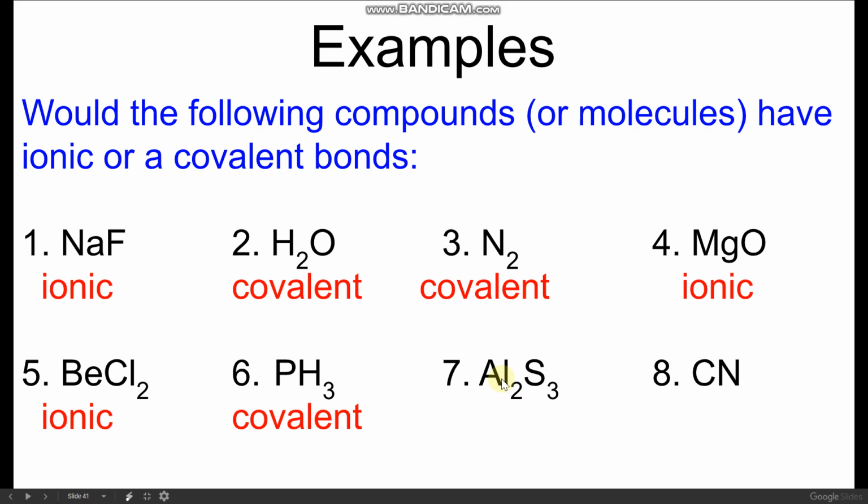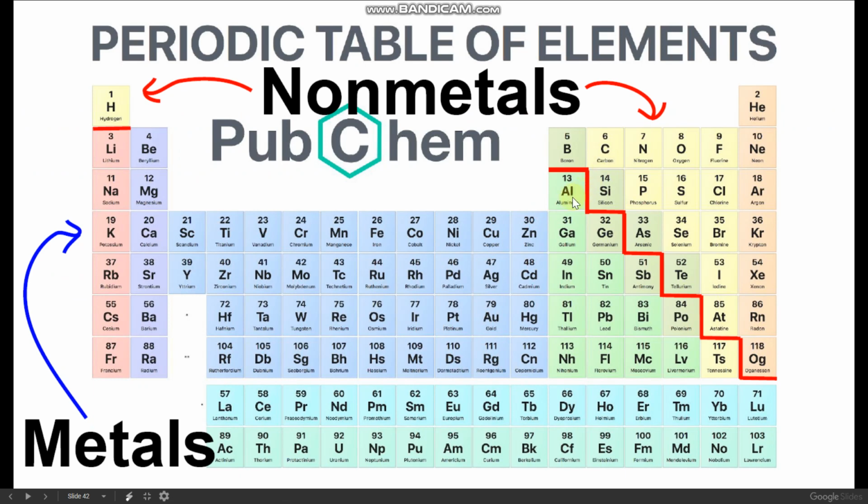Okay, next up we have aluminum sulfide. So let's take a look for aluminum and sulfur. Aluminum is right here. Now this one might be a little bit trickier for you to tell, but since it's down and to the left of that line, it has to be a metal. So aluminum is a metal. Sulfur is a nonmetal because it's to the right of the line, above this line. So sulfur is a nonmetal. So we have one metal, one nonmetal.